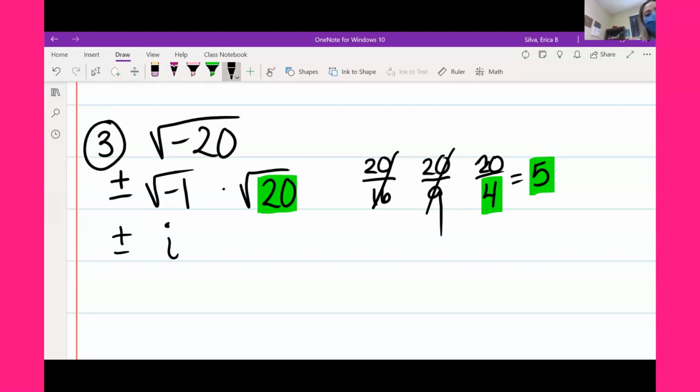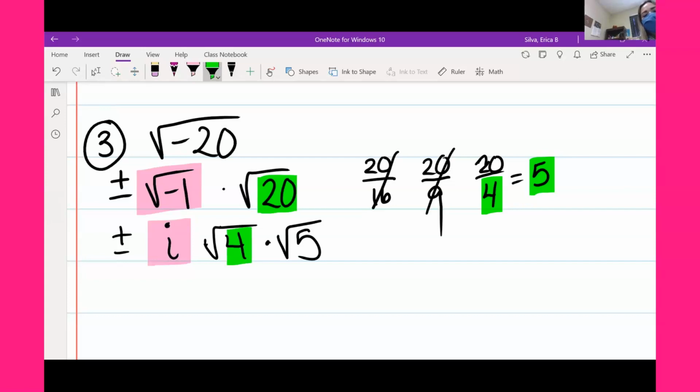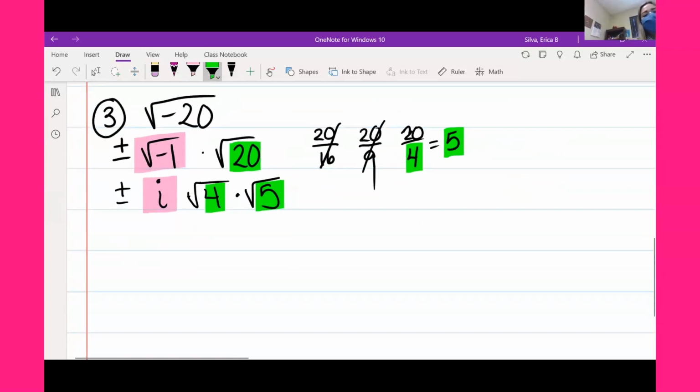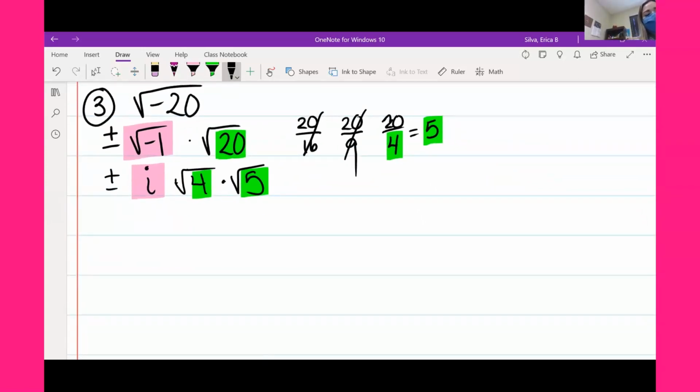I'm going to change that -1 to i already. Then this one is square root of 4 times square root of 5. And what is the square root of 4? 2. So we've got i times 2 times square root of 5.